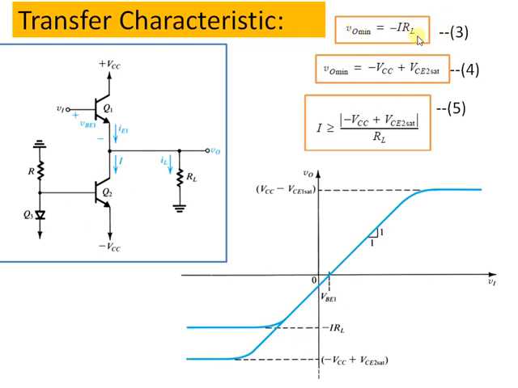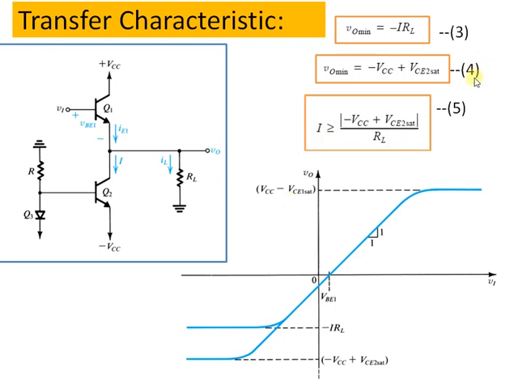I have named this equation number 3. If Q2 is saturating, then the minimum value is equal to minus VCC plus VCE2 sat, which is equation number 4.